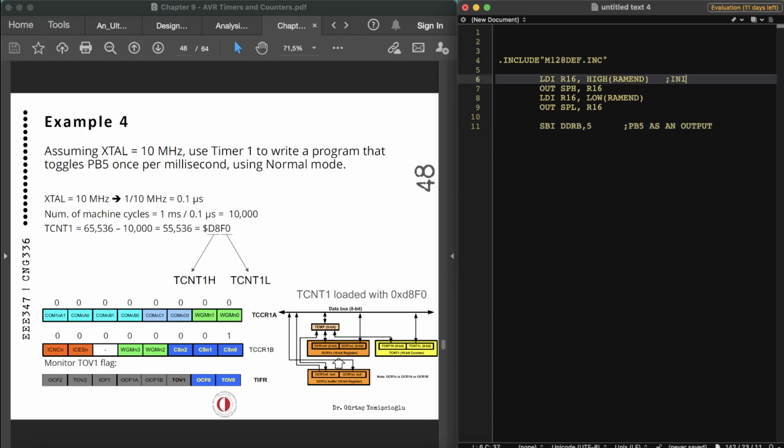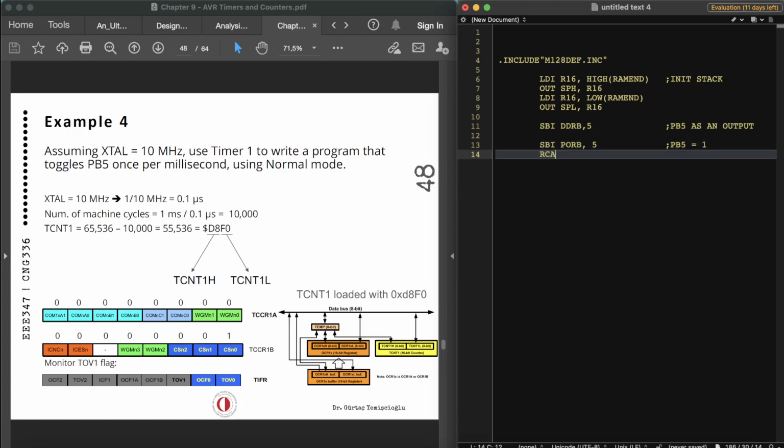Let's say init stack. So what I can do is SBI PORTB, 5. So I can say PB5 is equal to 1.